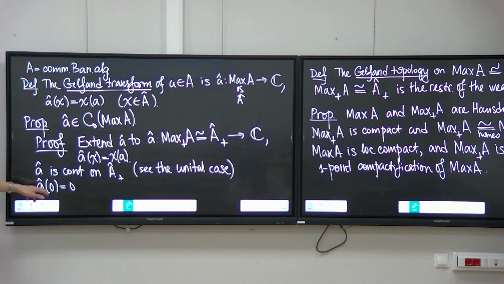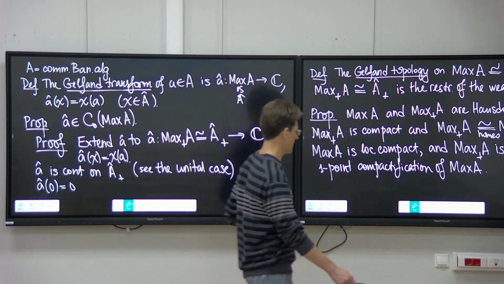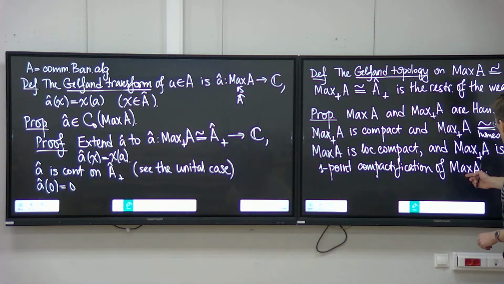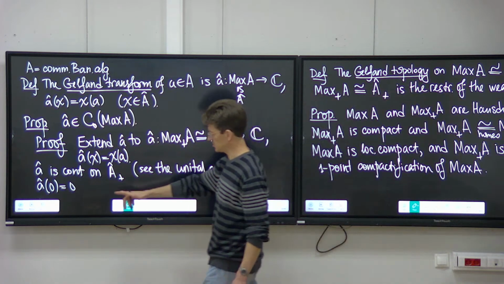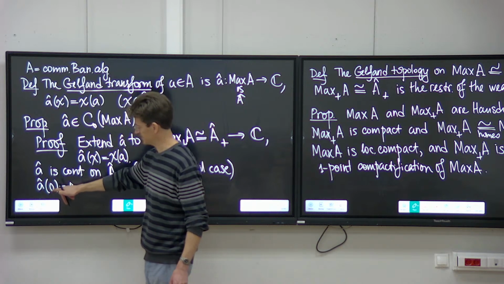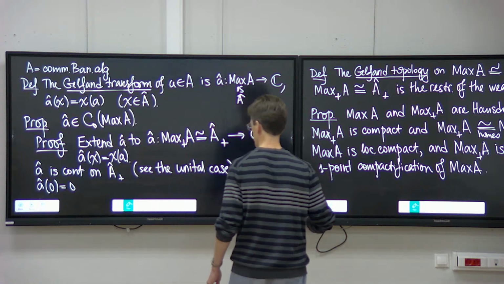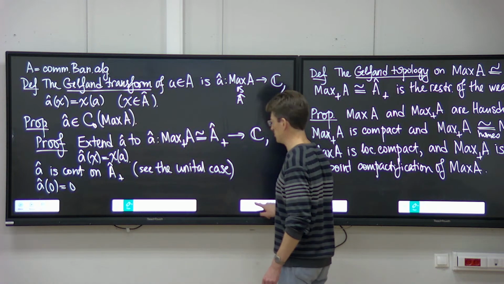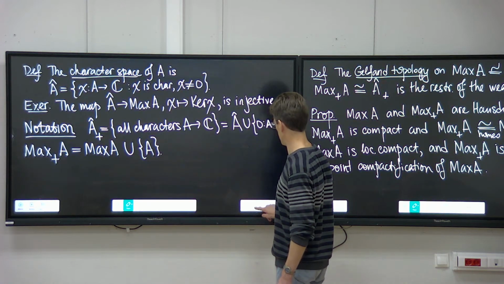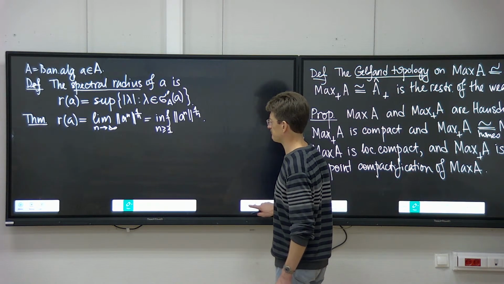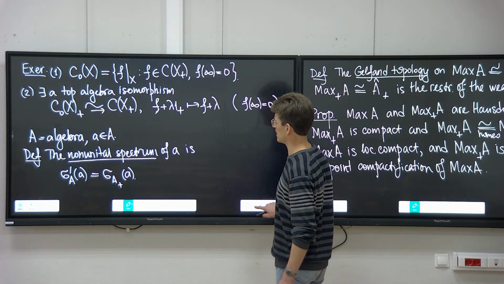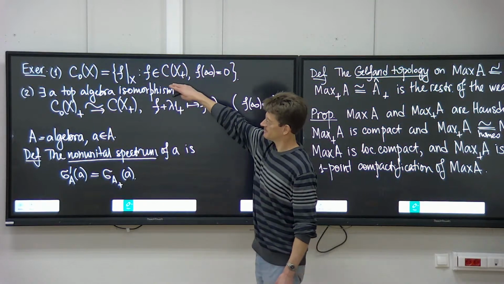But what is the 0 character? Well, if we identify the set A max plus of A with the one-point compactification of max of A, this point is infinity in this one-point compactification. And to complete the proof, let's just look here.